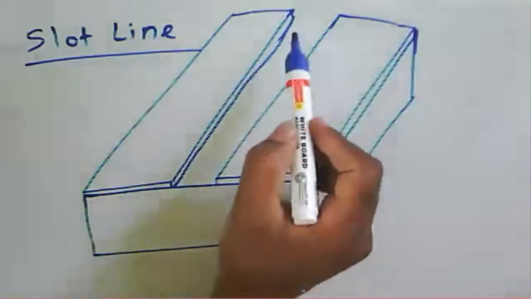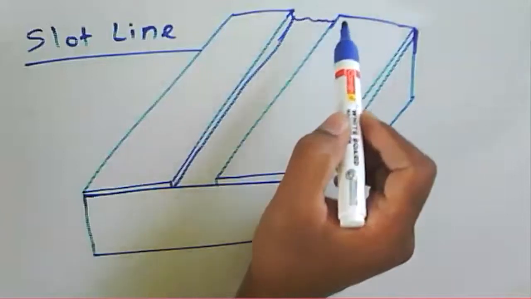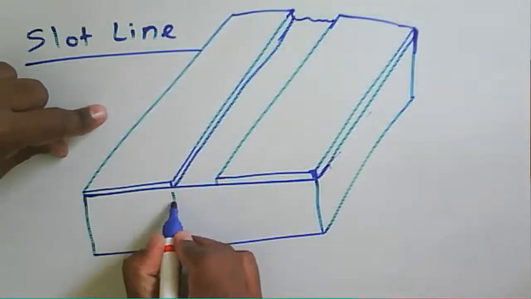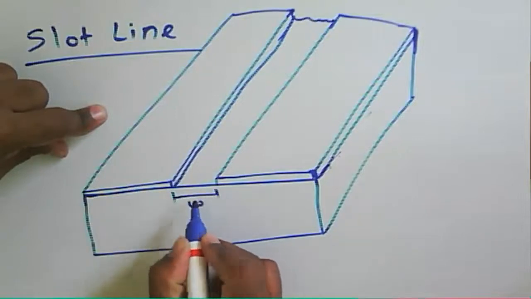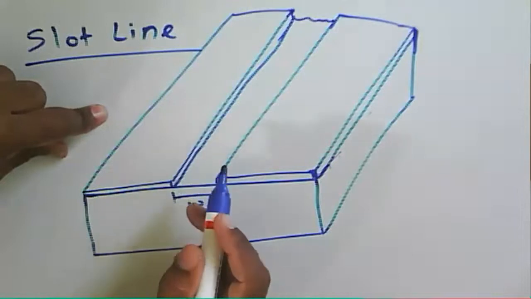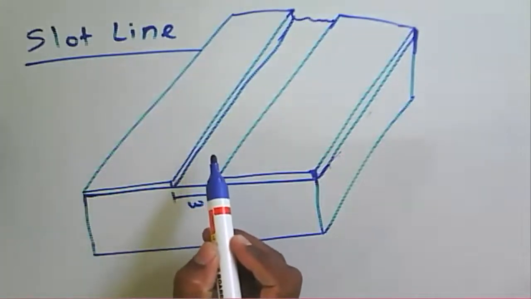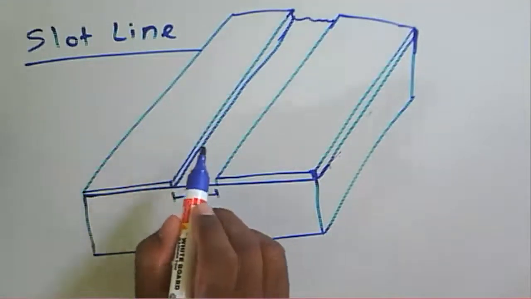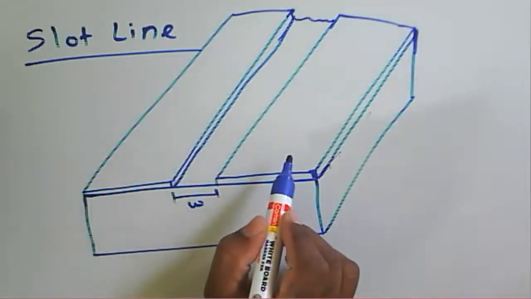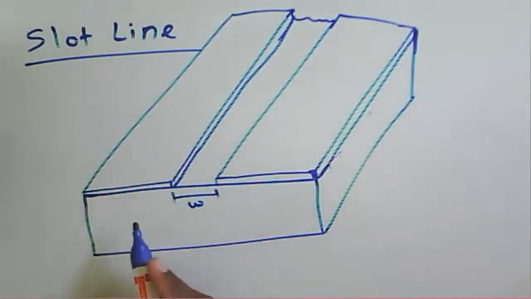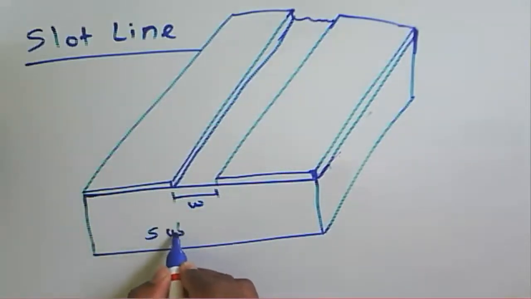If you consider the diagram, this one is the slot. This is the width, a small separation between these two conducting planes. Here we have a small gap between these two conducting plates. These are conductive plates, and these conducting plates are placed on the substrate. This one is the substrate.